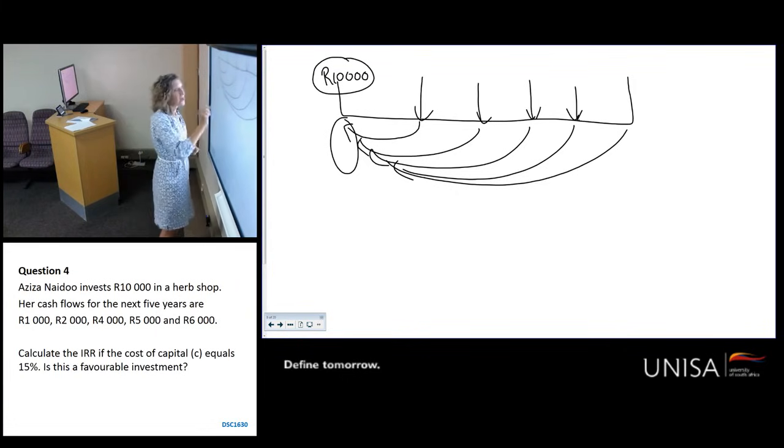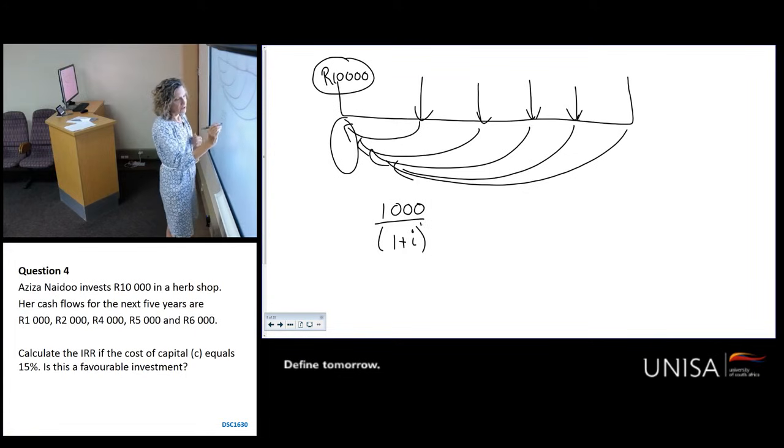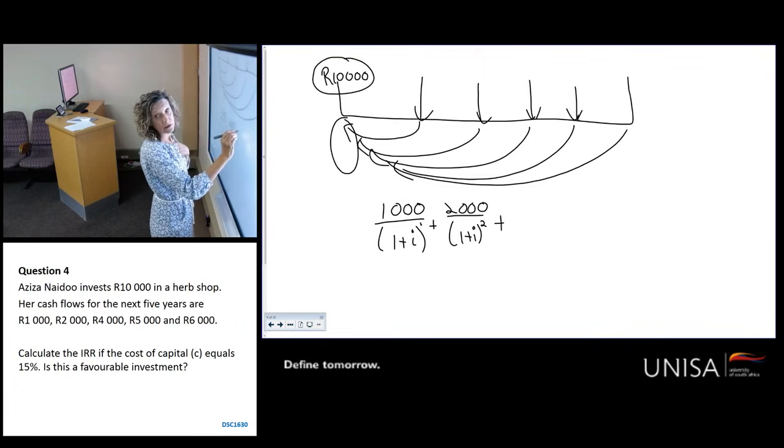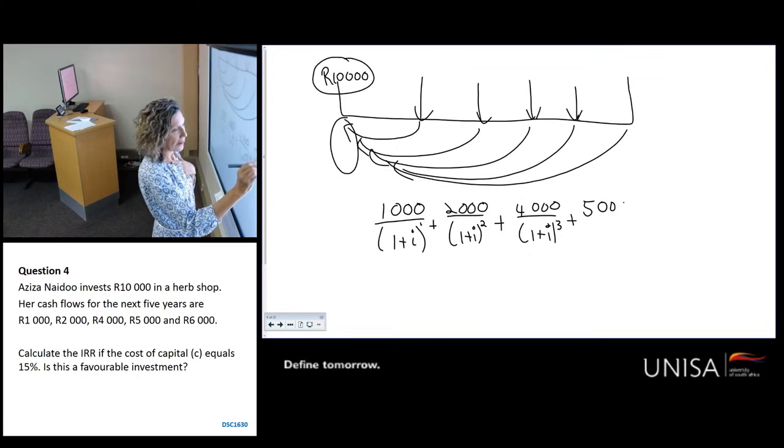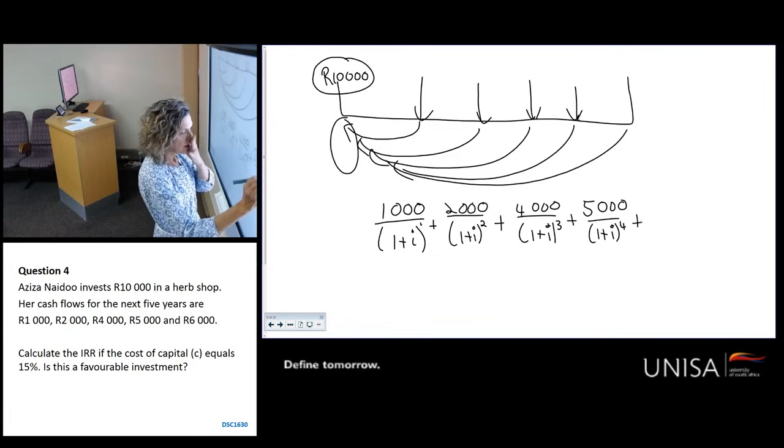So we're looking at, if we call it I for IRR, for 1 year, plus the 2,000 moving it back, 1 plus I squared, or 2, and then we had 4,000, plus the 5,000, 1 plus I to the power of 4, plus the last one.